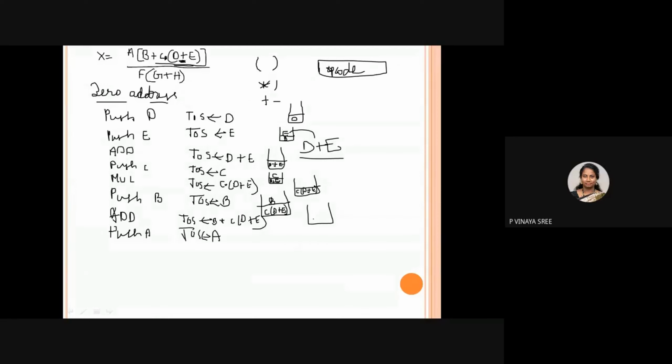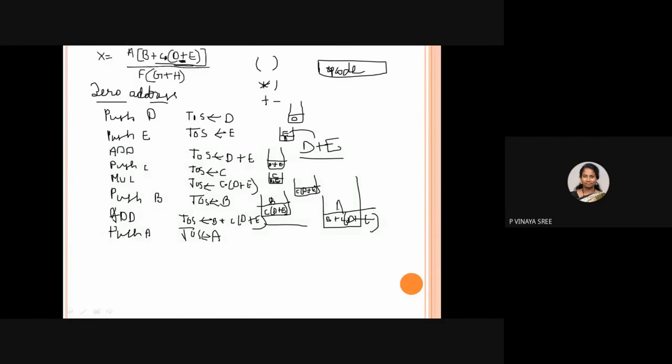So here we take the top two elements and get B plus C into D plus E, and then A is also popped.